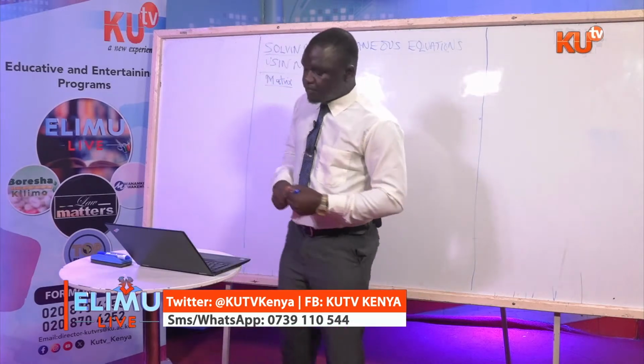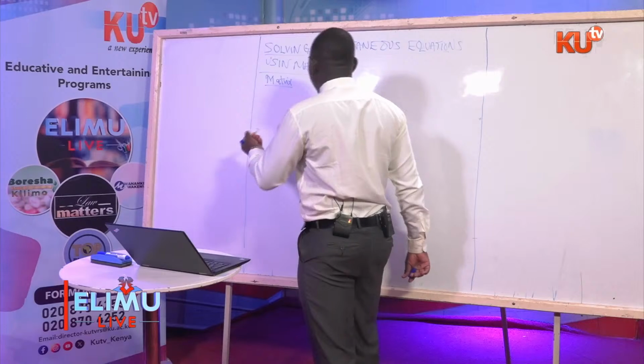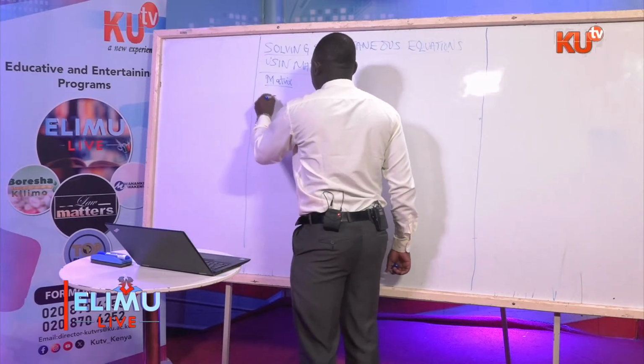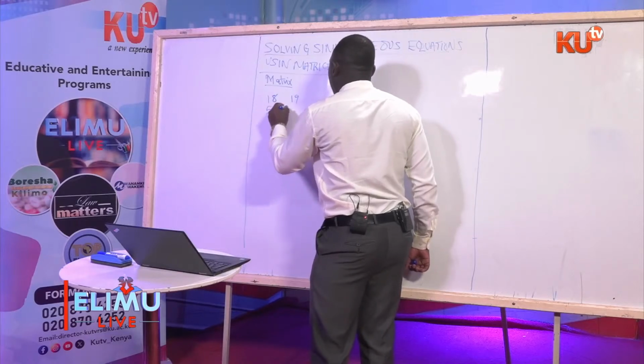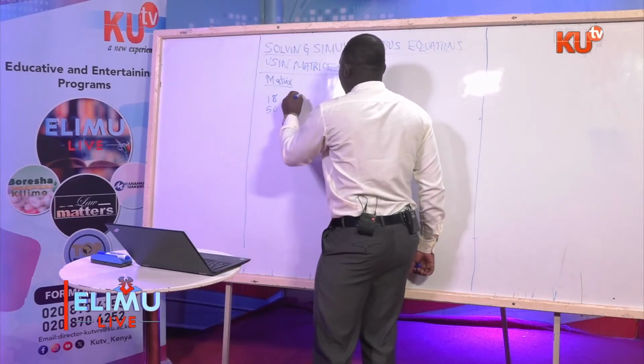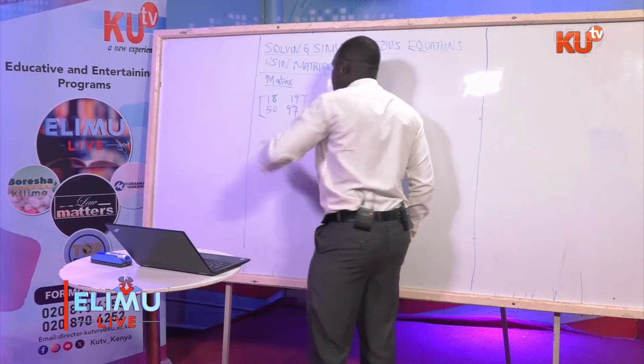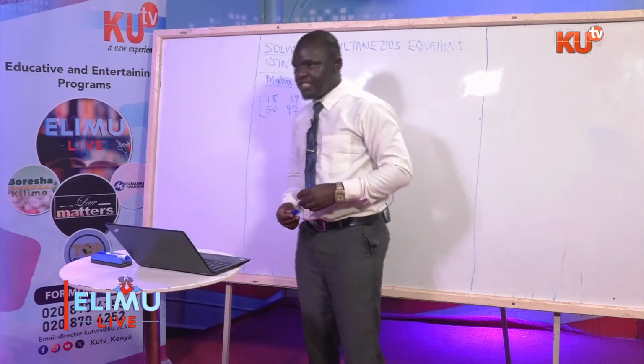For example, if I have the numbers 18, 19, 50, 97, learners, this one here is called a matrix.